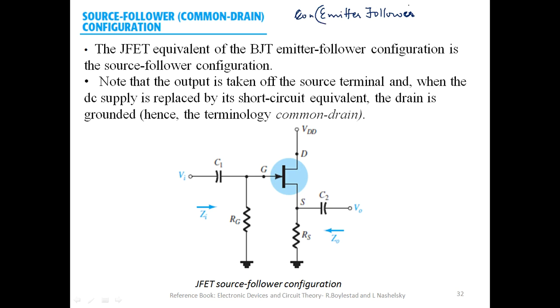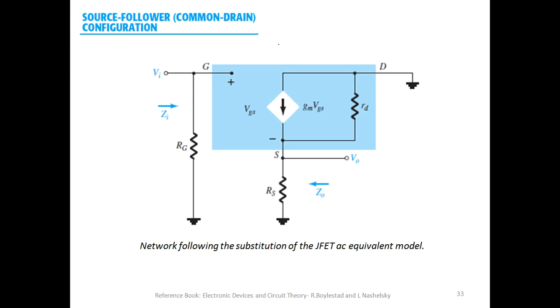This emitter follower circuit is again used in many amplifiers, in BJT based amplifiers. Its JFET counterpart is called the source follower or common drain configuration.